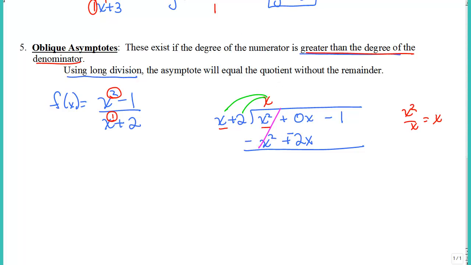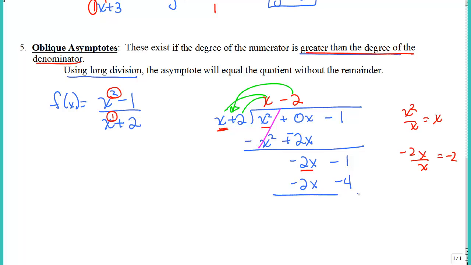And so then we would have 0 minus 2x, and we'd bring down the next term. Then we repeat the process. We look at those first two and divide. And again, we're going to multiply that out in front. So we'd have negative 2x minus 4. Going to subtract. So again, that cancels, and then we have a remainder of 3.